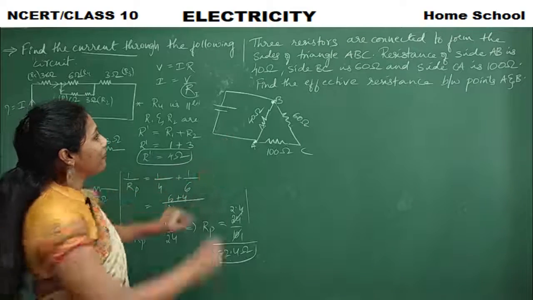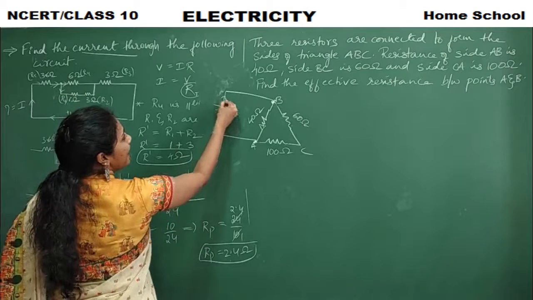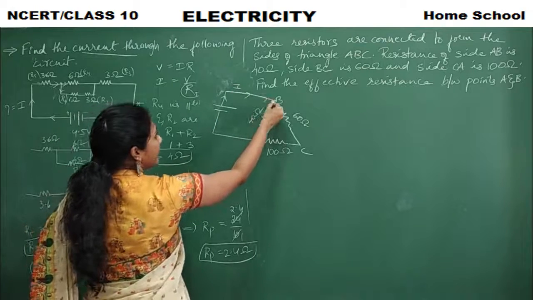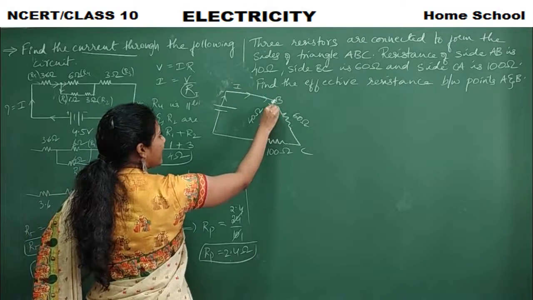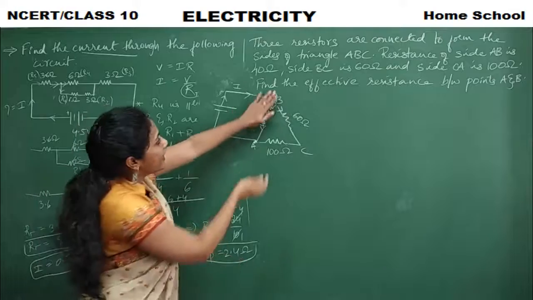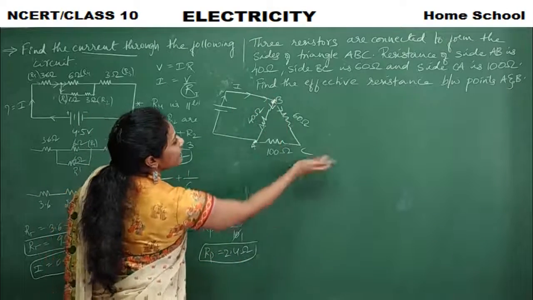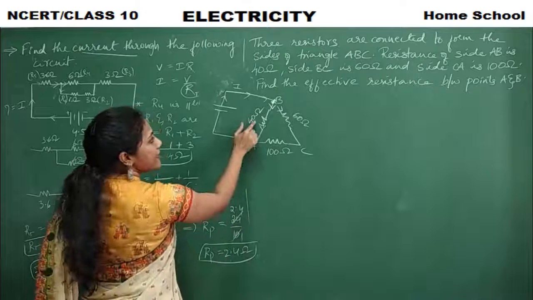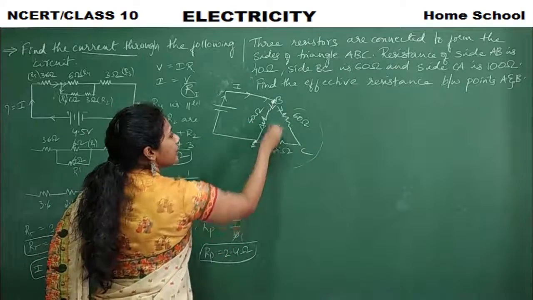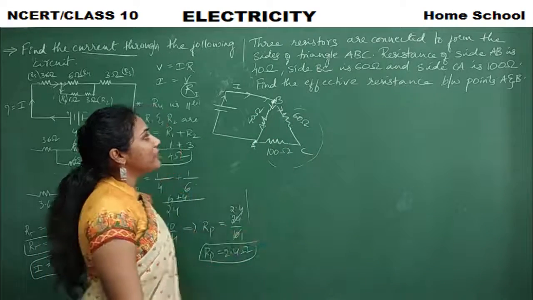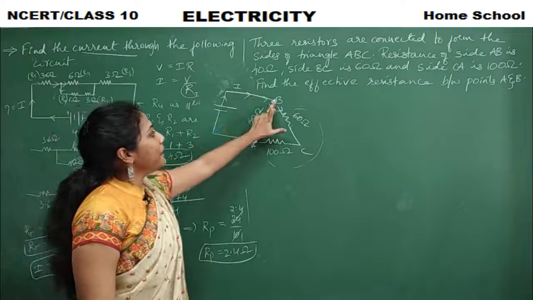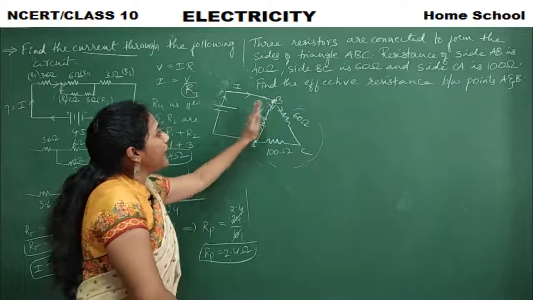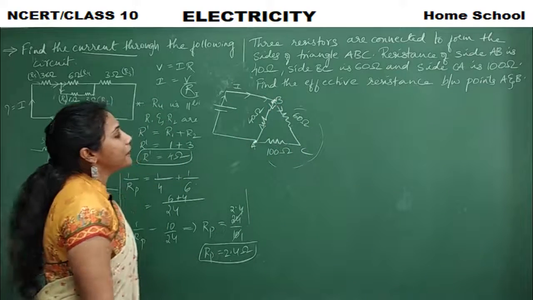You see here, from this side, the current will flow. At this point, your current is breaking. That means this part and this part are parallel to each other. This resistor and these two resistors are parallel to each other. See, at point B, your current is dividing. Half the current is going to this part, half the current is going to this part.